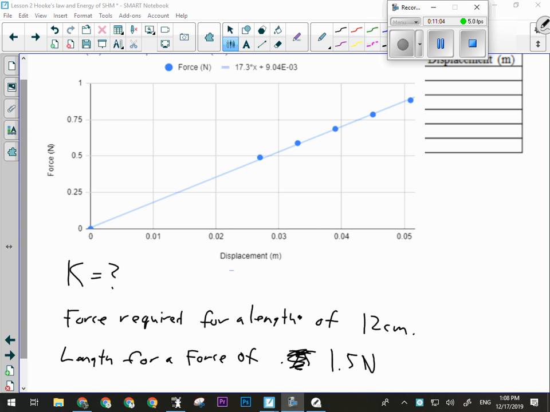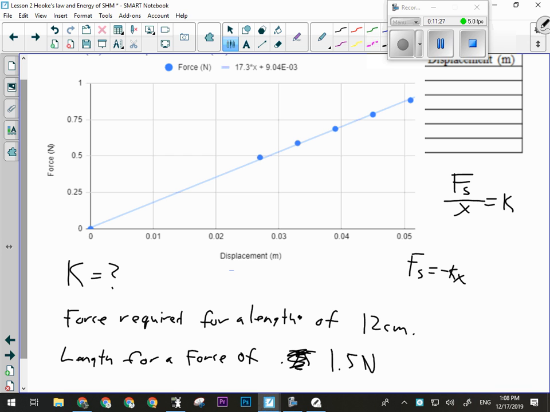But also, when I calculate the slope, I'm dividing force in the spring by x, right? Isn't that how I calculate the force in the spring according to Hooke's law? Those are the kind of things we need to be able to notice.